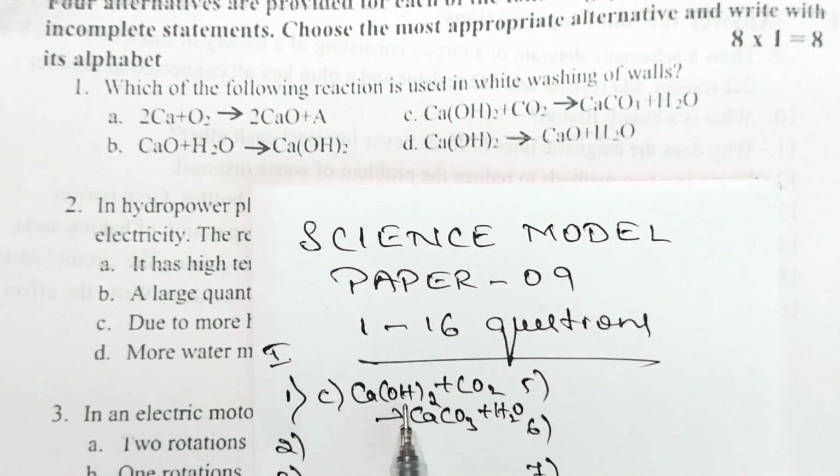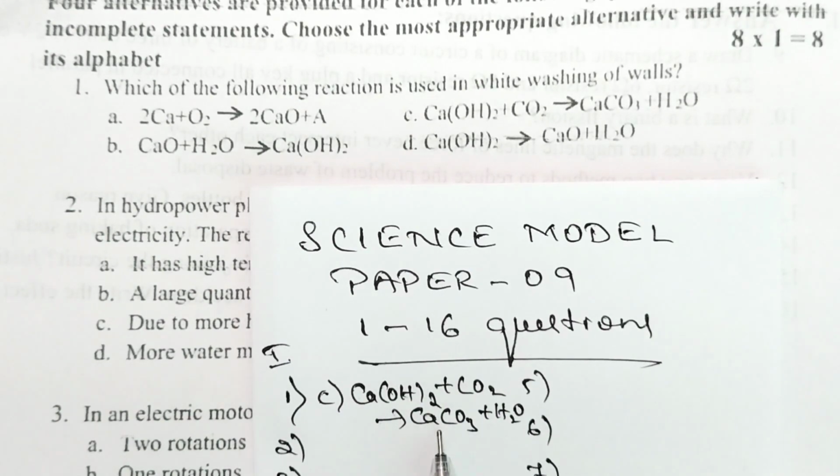This is called slaked lime. When slaked lime is made whitewash on the wall, it reacts with carbon dioxide to form calcium carbonate and water vapor is liberated, so the water will get evaporated. So the right answer for the first question is option C.